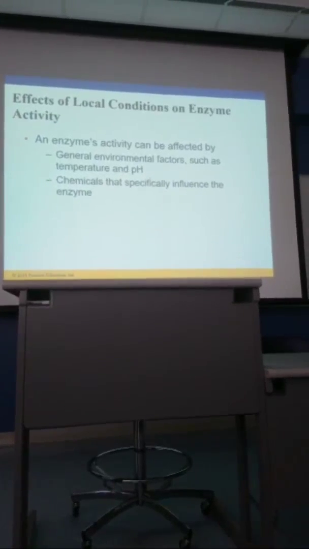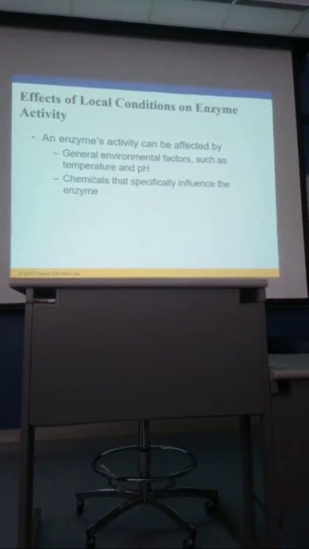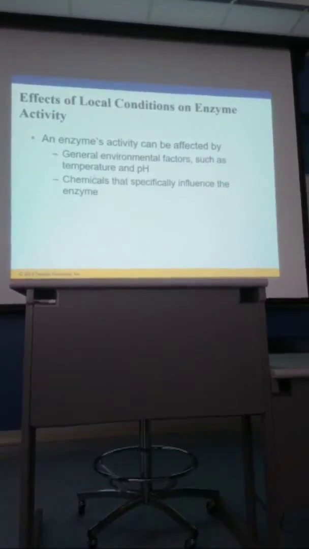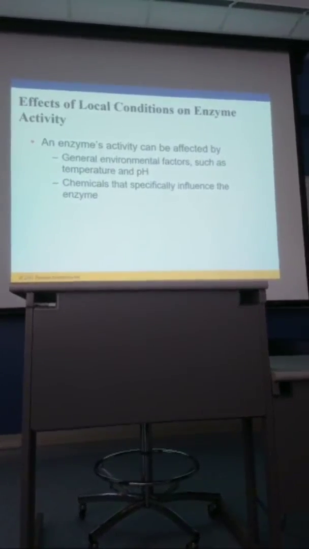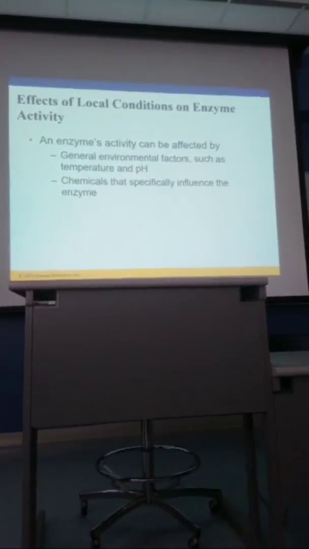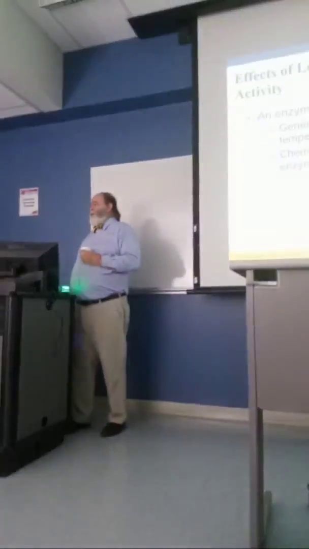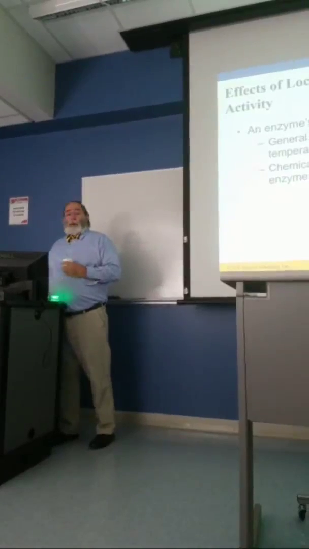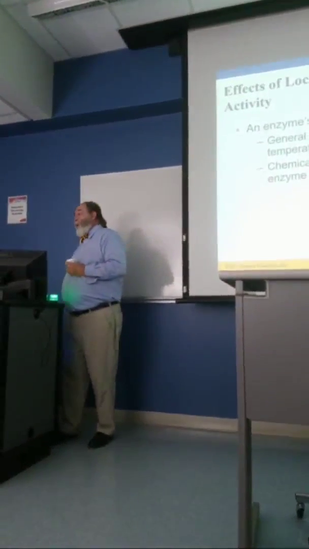Enzymes can be affected by the environment, temperature and pH primarily. Remember, they are proteins, so as proteins, they are going to be susceptible to the pH of the environment and to the temperature. There are some enzymes that will only act in a very small range of pH or temperature. In other words, if the temperature is too cold, they won't be active.